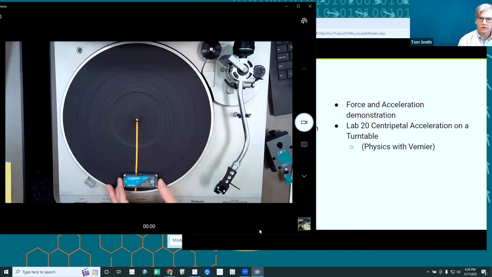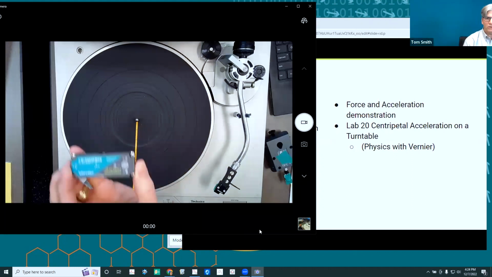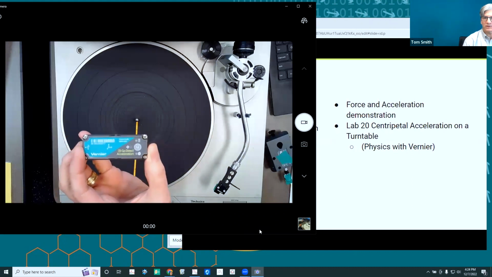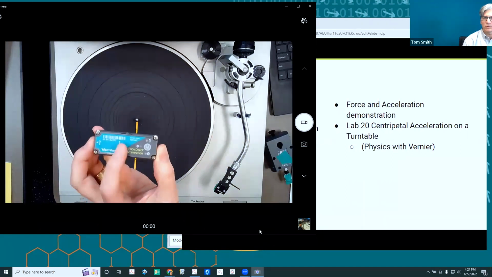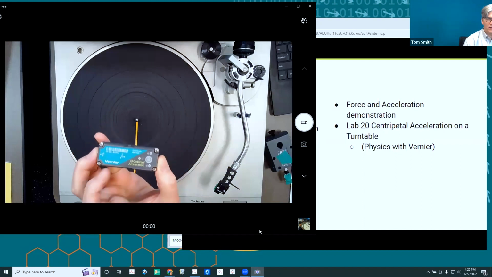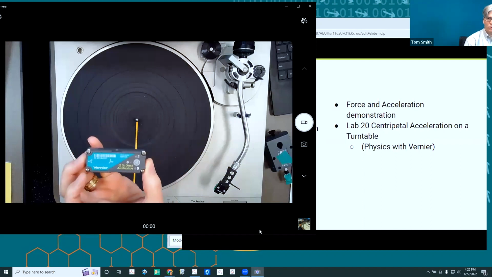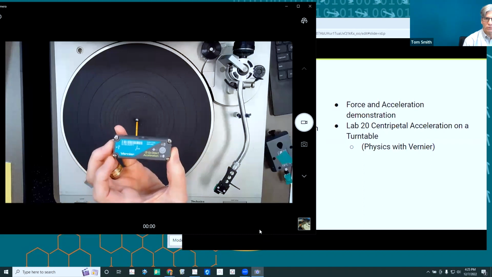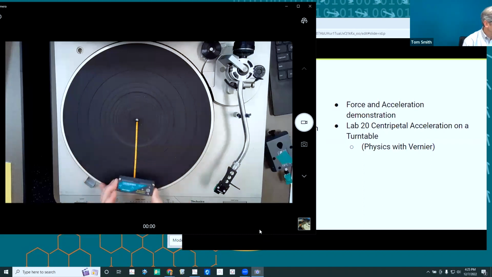The accelerometer is a 3-axis accelerometer, and you can see there's an X, Y, and Z coordinate system. Y is that direction, X would be back towards my thumb, and Z would be up out of the screen. And we can place that on a turntable.